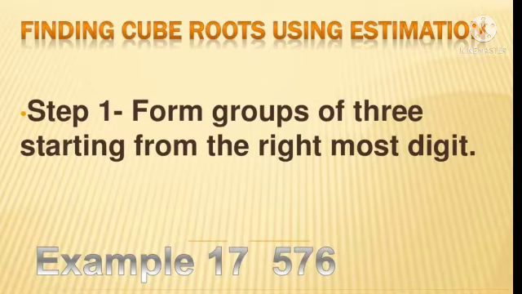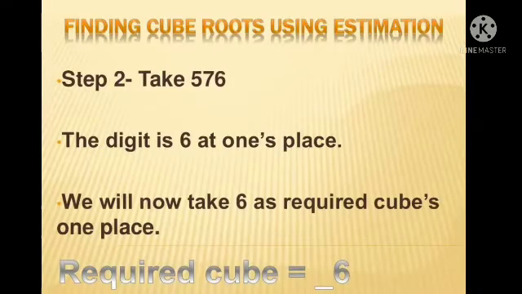Finding cube roots using estimation. Step 1. Form groups of 3 starting from the rightmost digit. Example: 17, then 576. Step 2. Take 576. The digit is 6 at the one's place. So we take 6 as the required cube's one's place digit.